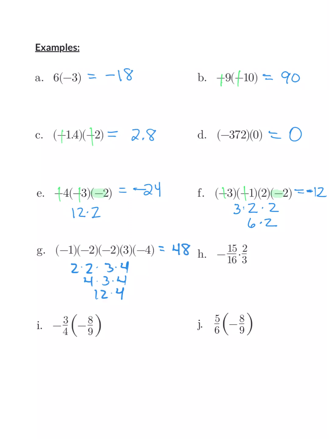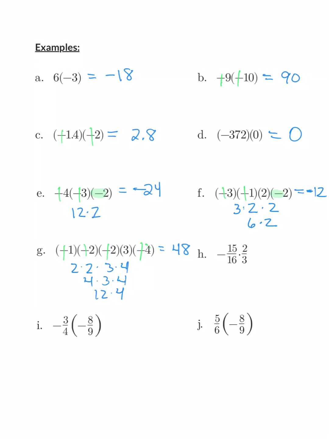I have 4 negatives in the problem. Since this is an even number, my final answer will be positive. Or, if we cross them off in pairs, we have no negatives left to put in our final answer, and so our answer will be positive.